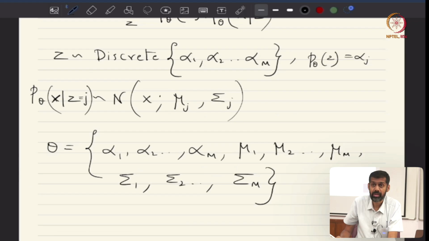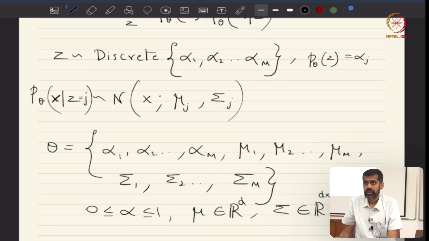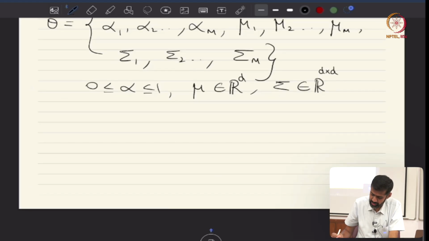These are the parameters that we want to estimate for this model. Alright. So alphas are scalars, all mu's are in R^d, and all sigmas are matrices. Alright. So let us write down EM.